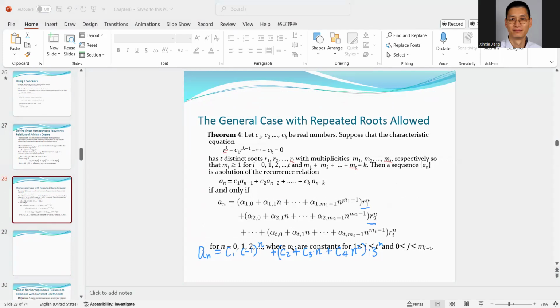The multiplicity of -1 is just 1, so you have only a constant here, C1. And for root 3, the multiplicity is 3, so you have a quadratic expression: C2 plus C3 n plus C4 n squared, because m2 is 3. Multiplicity is 3.